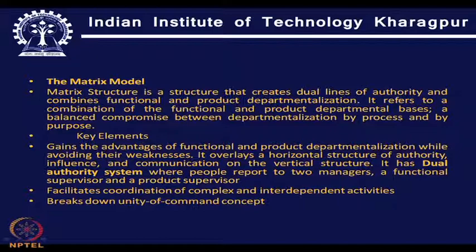So, what we will now look into is some of the uses of matrix, where it is more useful, what the advantages and weaknesses of matrix organization are, and what the different types of matrix organization are.